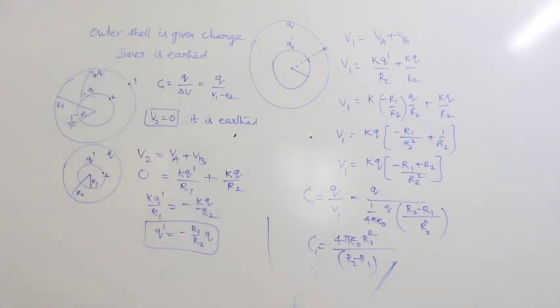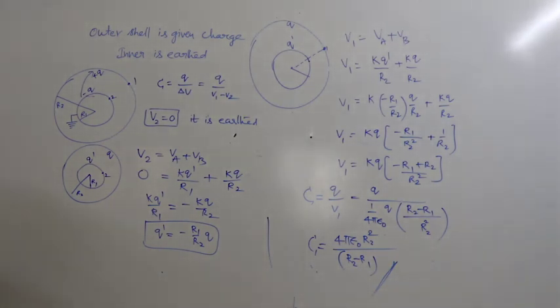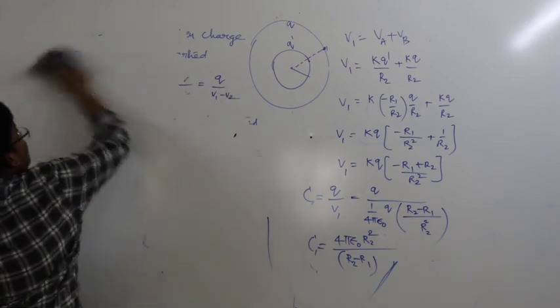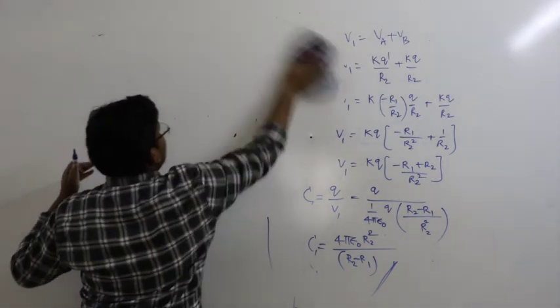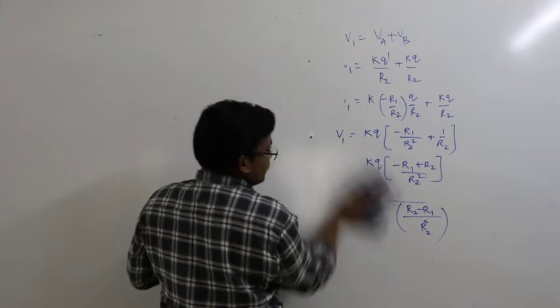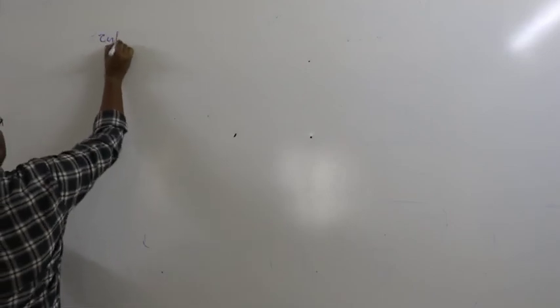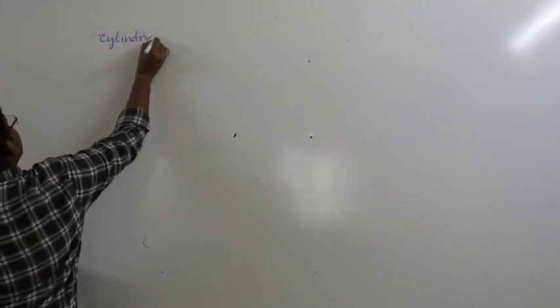Sir, if we take a cylindrical capacitor, then what happens? For a cylindrical capacitor, again you need to take two cylinders.